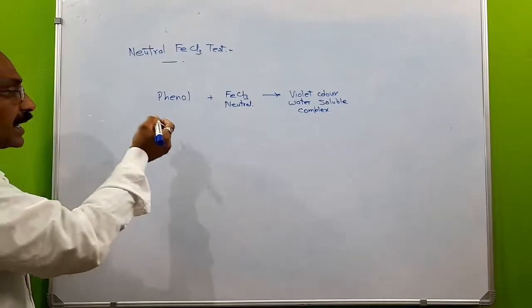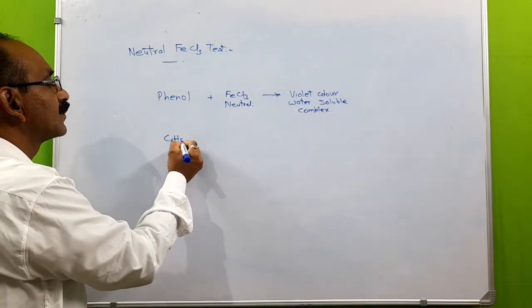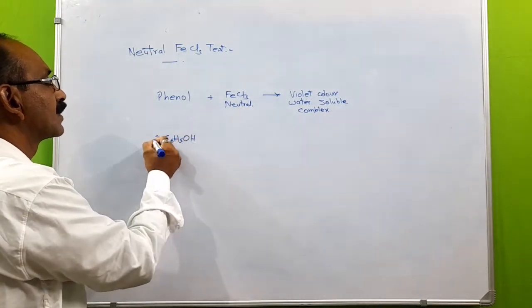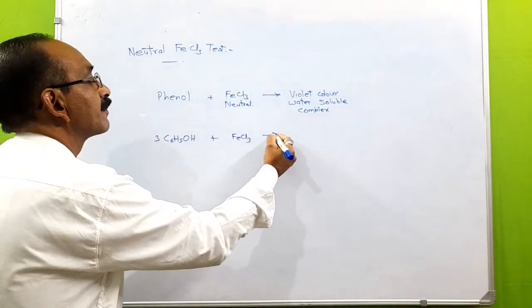See, the chemical change which takes place here is C6H5OH thrice plus FeCl3.